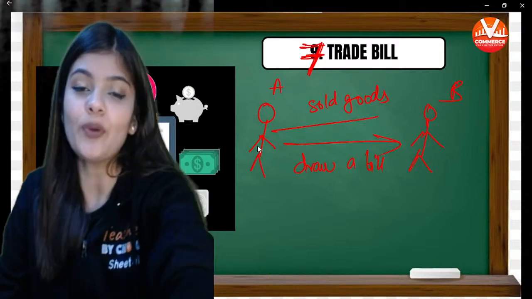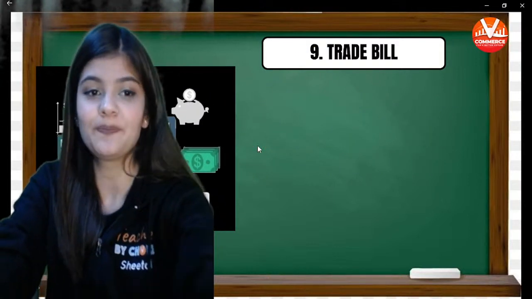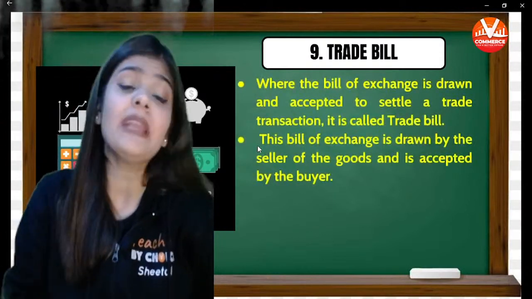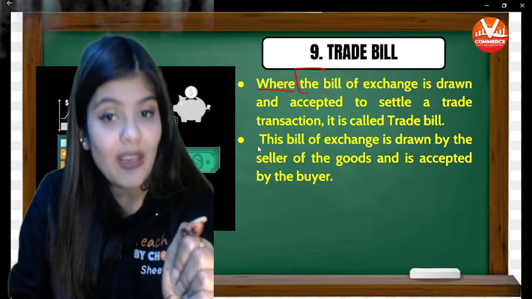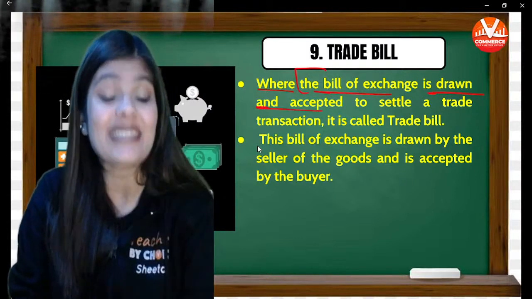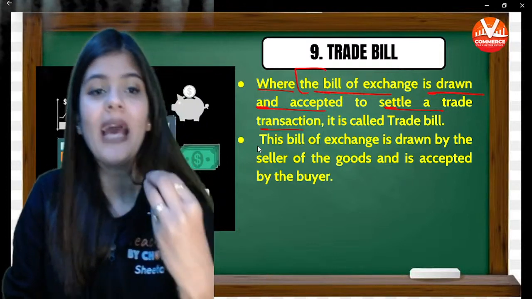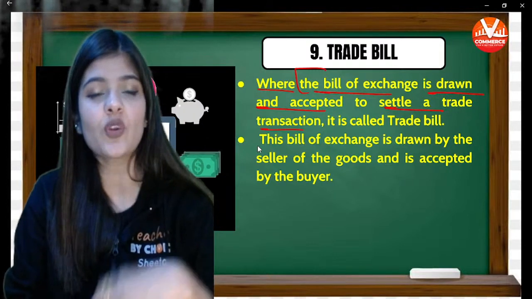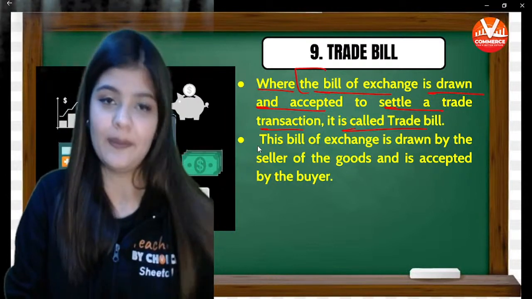So let's jump on to the meaning of trade bill, and after that I'll be ending the session. So here we have the meaning of trade bill. Trade bill क्या होता है? Where the bill of exchange is drawn and accepted to settle a trade transaction. जब भी आप बिल किसी ट्रेड ट्रांजैक्शन को सेटल करने के लिए बनाते हो, that is called a trade bill.